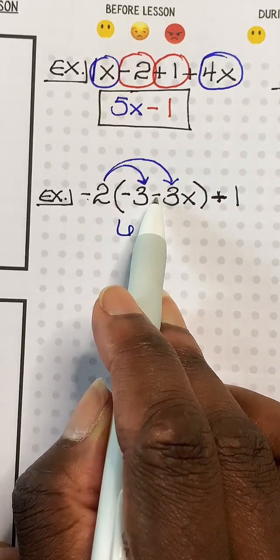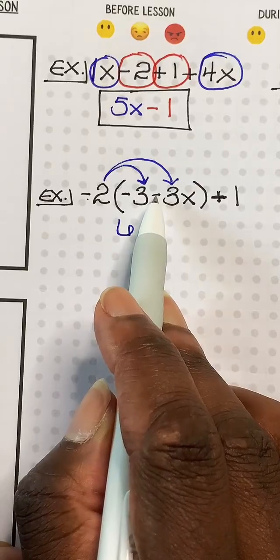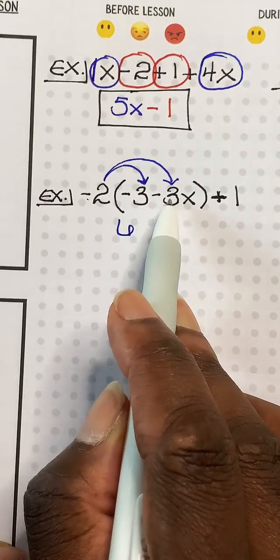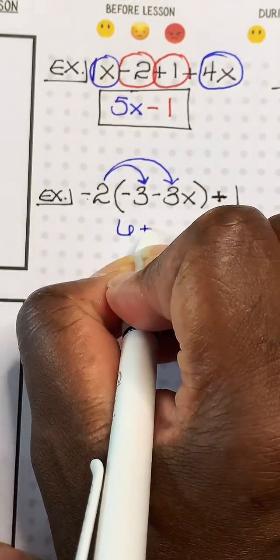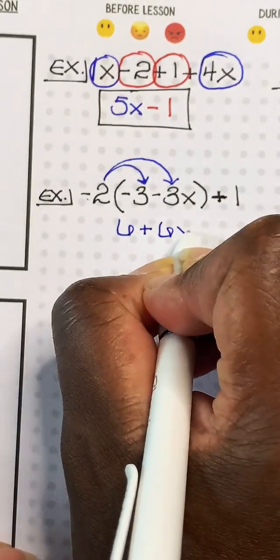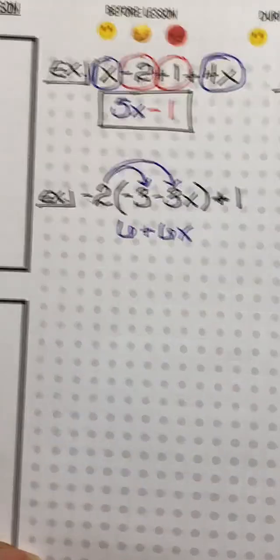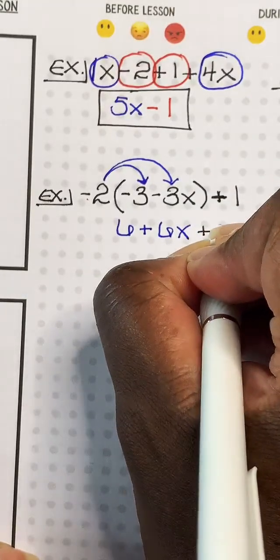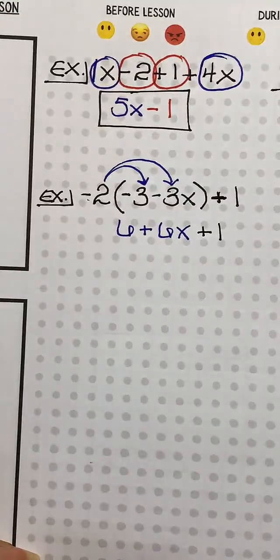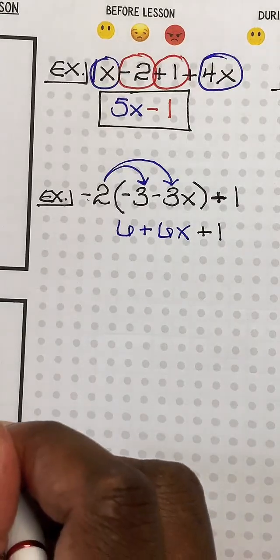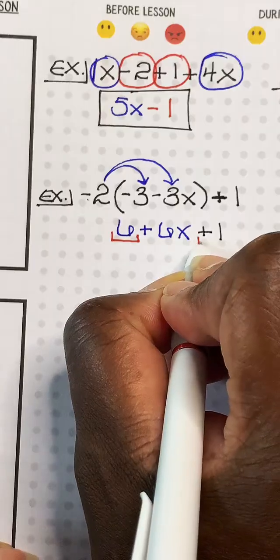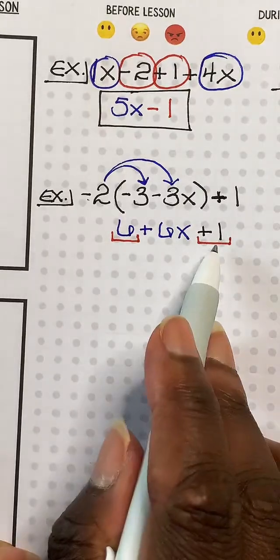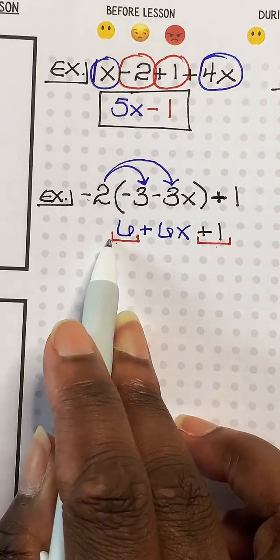That minus sign is a negative, and it also acts as a negative to the 3, a signage to this 3x. So this gives us a +6x. Then we bring down the +1. So now we need to combine our like terms. Our like terms is this 6 here and that 1. Both of them are positive.